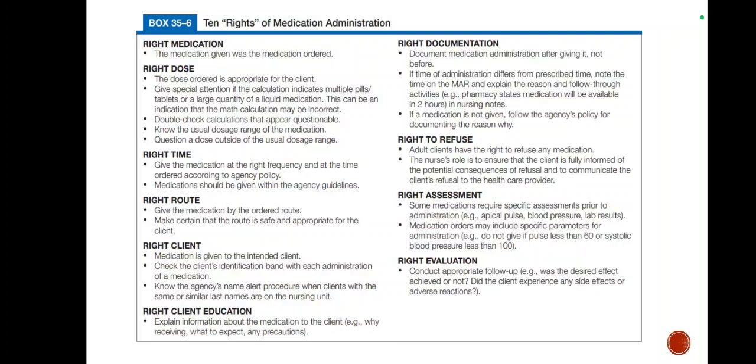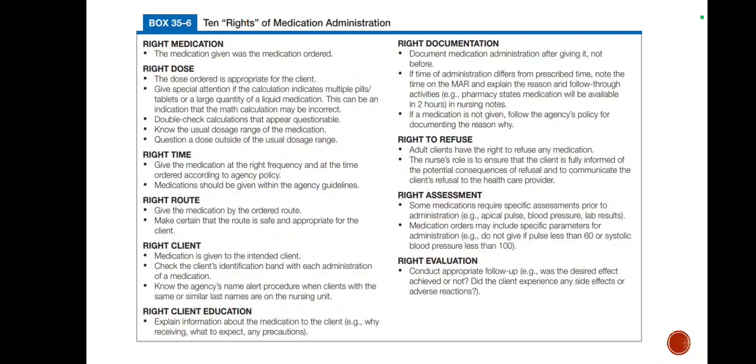Then we have the right to refuse. This is the right of the client to refuse any medication that they feel they don't need. You have to ask the patient to sign a refusal form stating that he or she refused the medication, so that if anything happens to him, the blame should not be placed on the hospital and any healthcare providers.